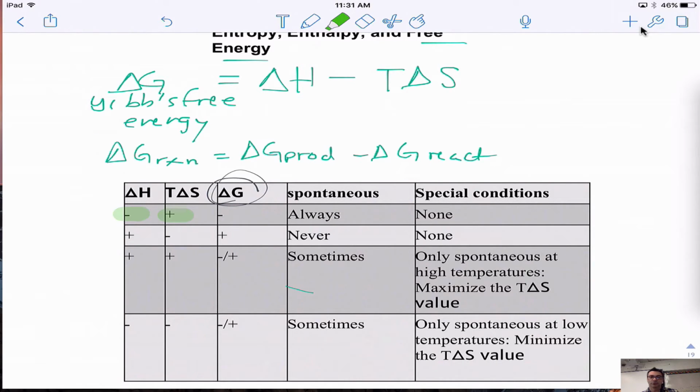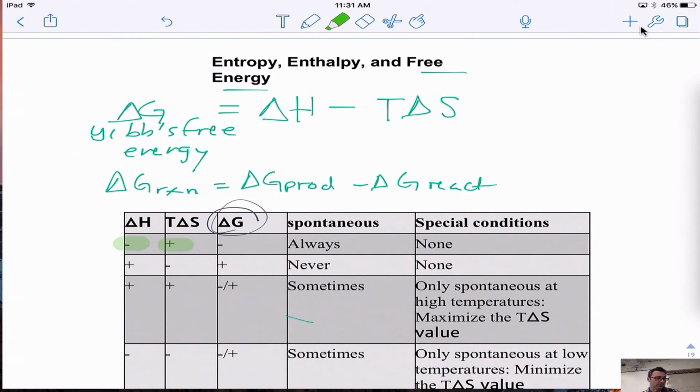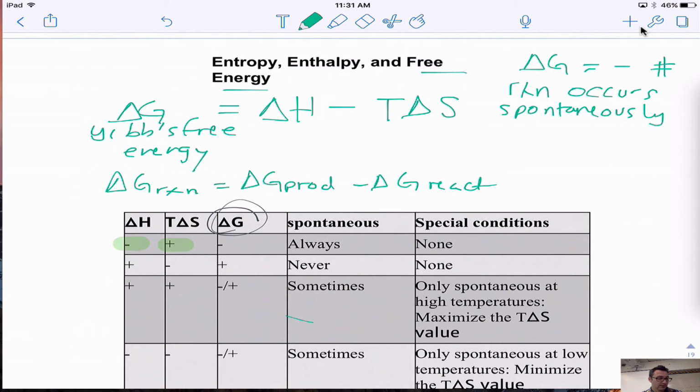Now, how does this work in terms of calculating delta G? Well, the general rule for delta G is as follows. When delta G is equal to a negative number, the reaction occurs spontaneously. And when people think of spontaneously, they think of something happening very, very quickly.